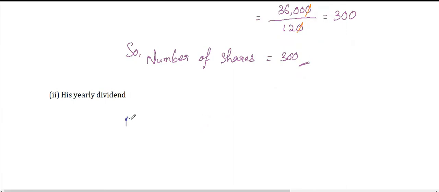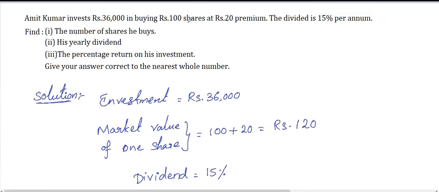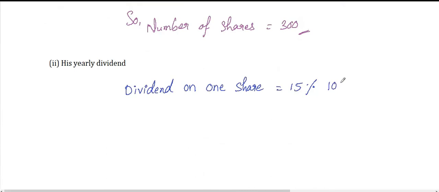So now find the yearly dividend. The dividend on one share is 15% of the share value, which is 100. So 15% of 100. The dividend on one share is 15 by 100 into 100, which is 15 rupees.